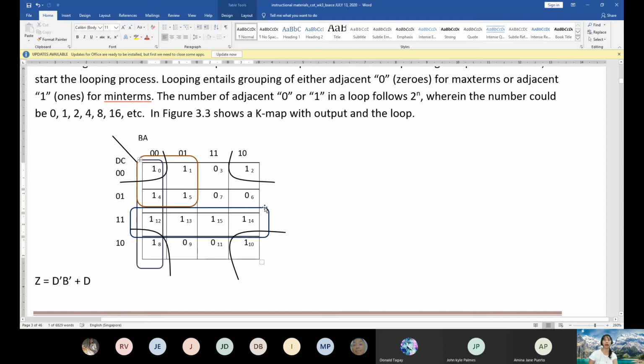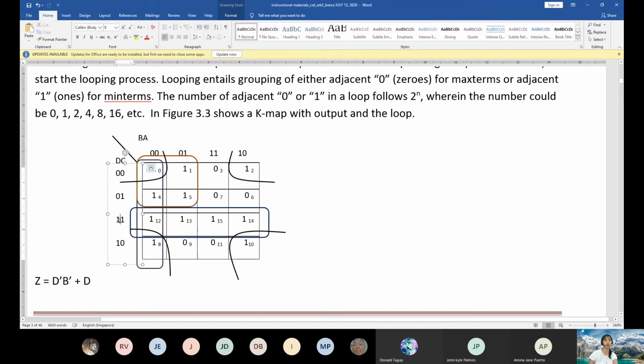Okay, let's proceed to blue. So this is the blue loop. We have 4 adjacent ones again: 1, 2, 3, 4. But for D and C values, we only have one value. So the blue loop encompasses only a single row, where D is 1, C is 1.